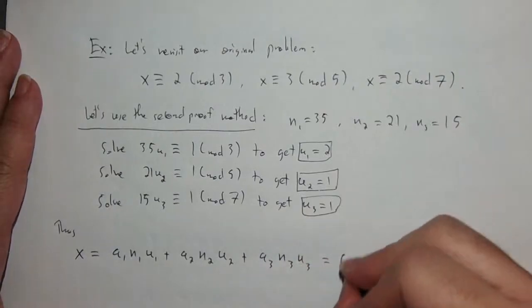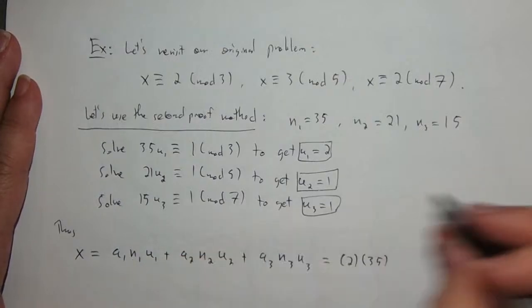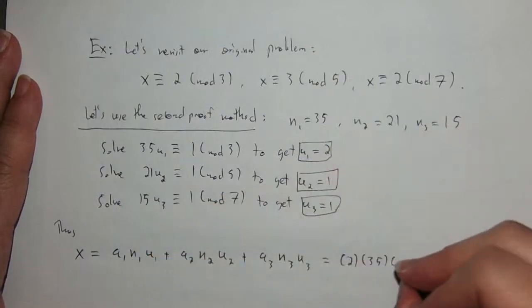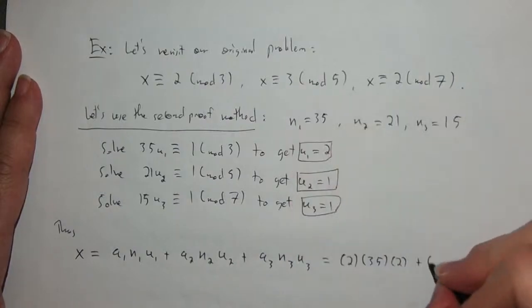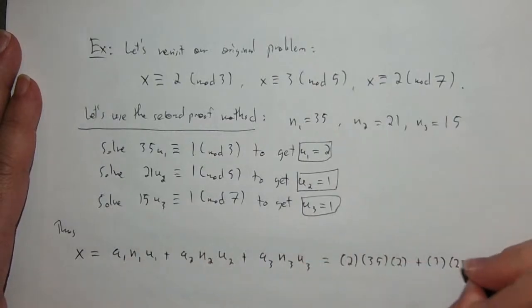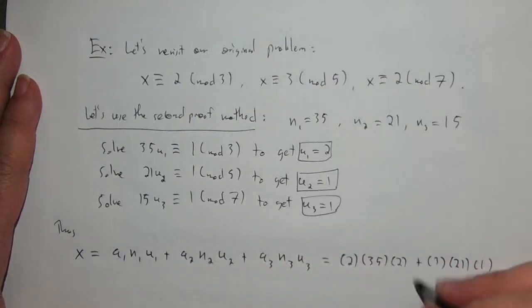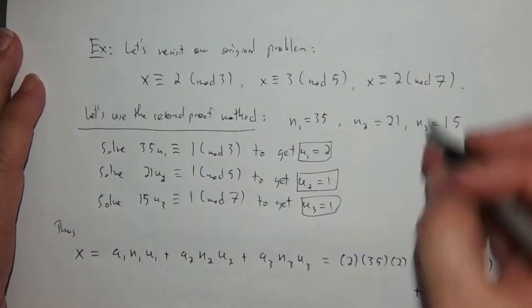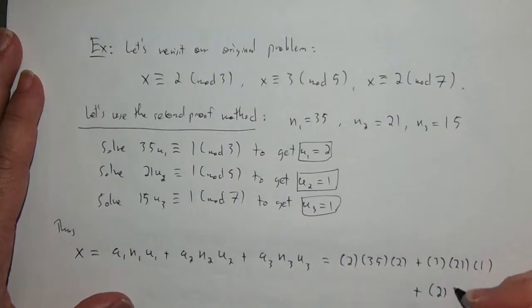Writing this out, this is 2 times 35 times u sub 1, which is 1, plus 3 times n sub 2, which is 21, times u sub 2, which is 1, plus a sub 3, which is 2, times 15 times 1.